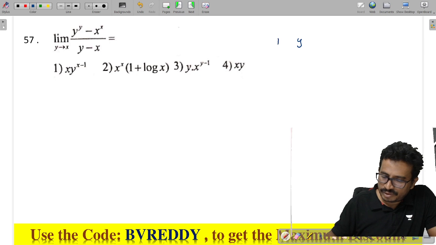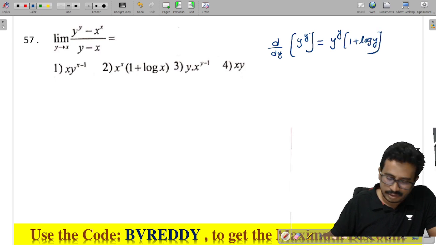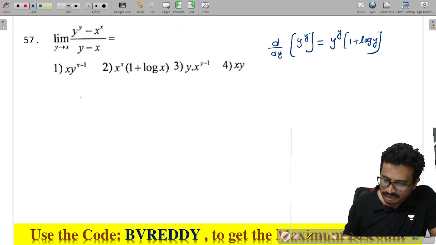So if I differentiate this thing with respect to y, what is this thing here? As we have discussed earlier also, y power y into 1 plus log y. Isn't it? Now if we apply here, this is y power y into the derivative we are doing with respect to y.